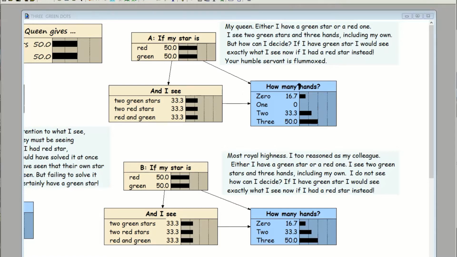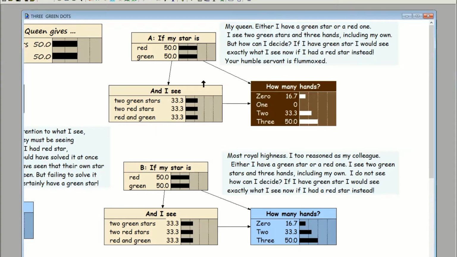So this is ultimately the node that's of interest. Notice here, he can, ahead of time, when he's thinking about this, say, well, since I don't know what's going to happen, I'm either going to see 3 green stars, 2 red stars, or a red and a green. So they're all equally possible. Now, it's this node that's of interest, and I want to look into its brain.